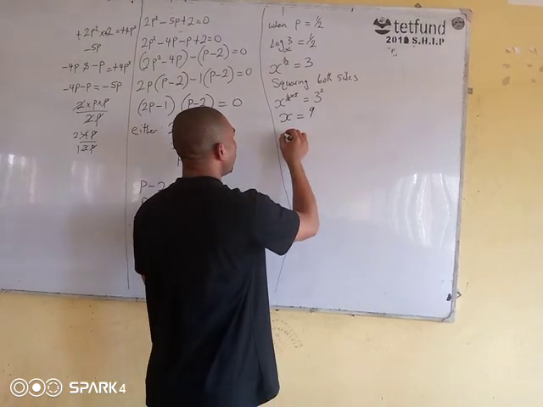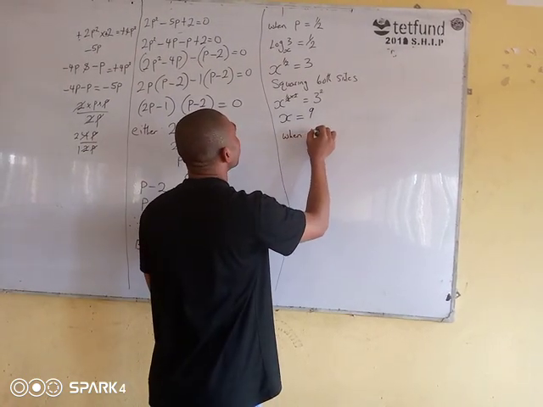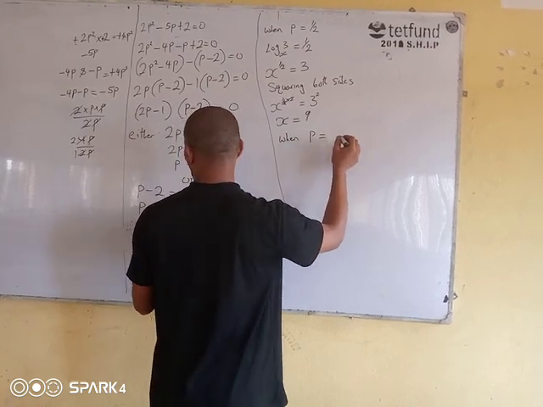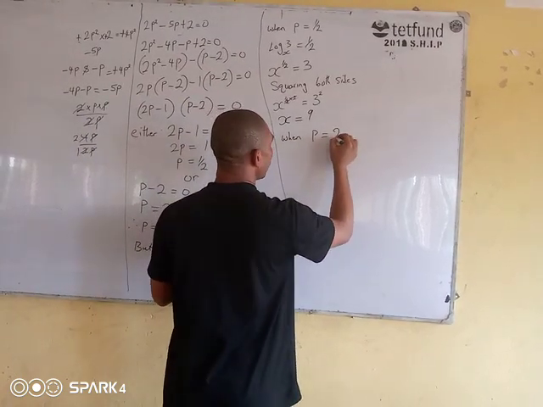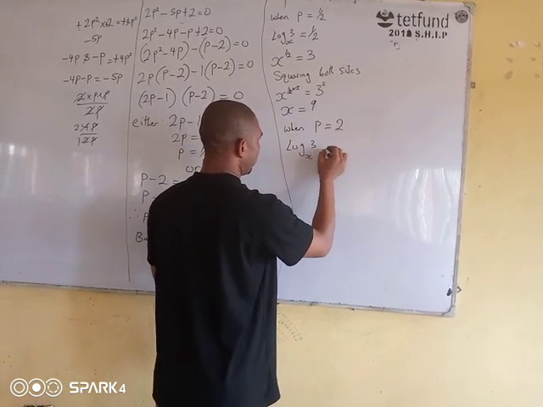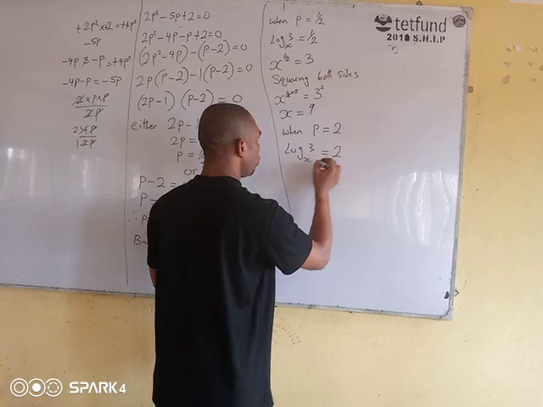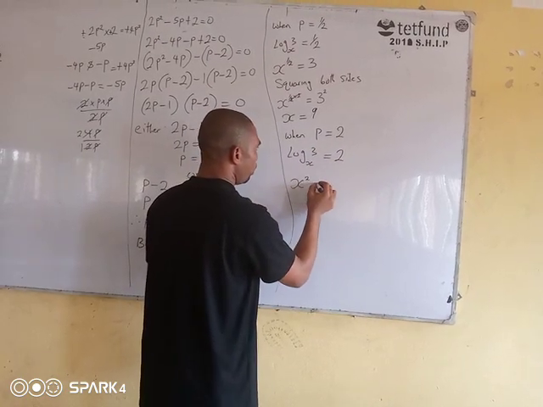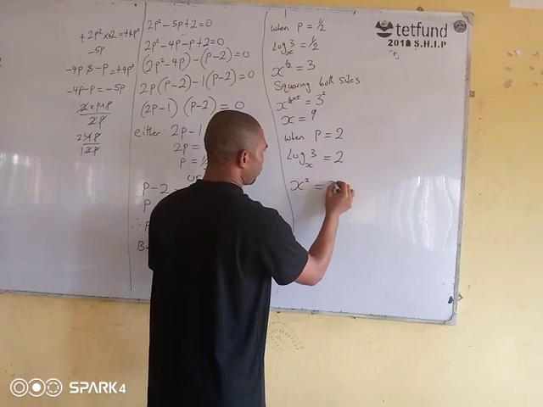We now say when p is equal to 2, we have log 3 base x is equal to 2. From here, the same thing. X raised to power 2 is equal to 3.